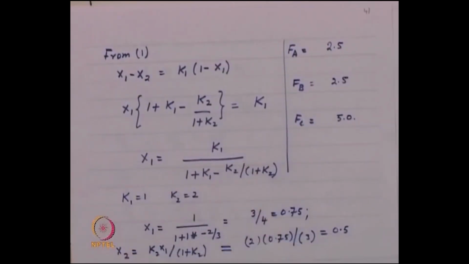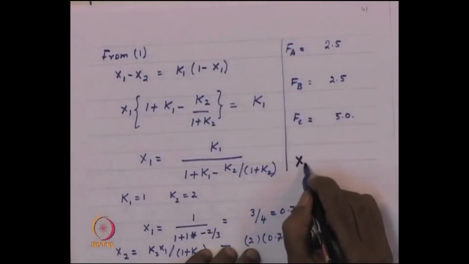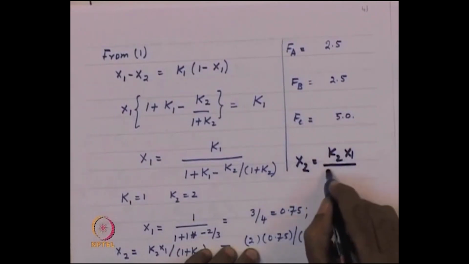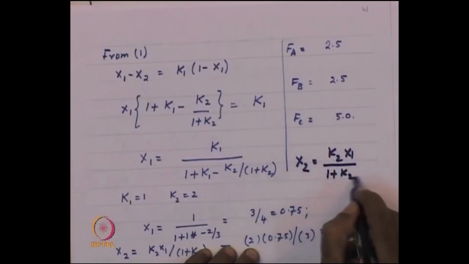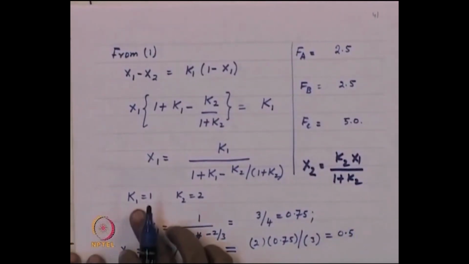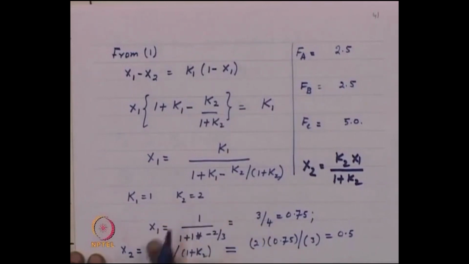X 1 is given by this relationship, and x 2 we have already shown, x 2 is equal to K 2 x 1 divided by 1 plus K 2. So, this comes from the equilibrium relationships. Since K 1 is given as 1 and K 2 is given as 2, you can find out x 1 and x 2.